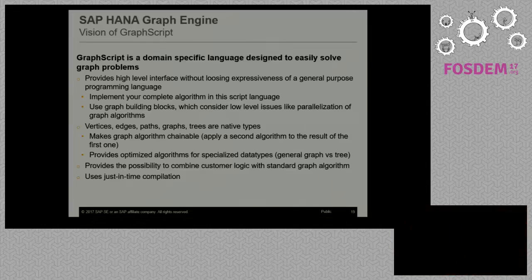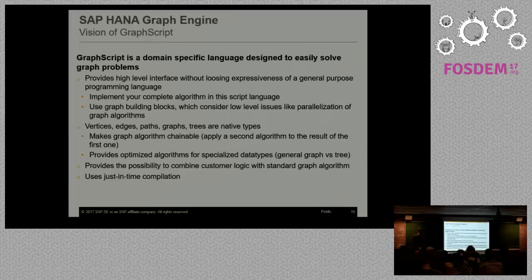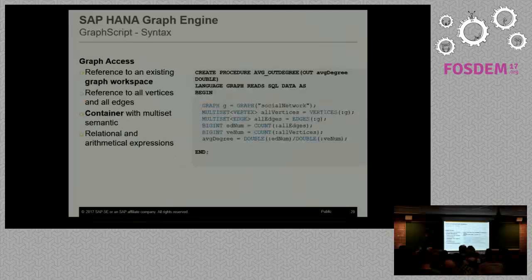We want to offer an abstraction, but we don't want to lose performance. I'll take questions after the talk. Okay, so here are a few examples of how the syntax would be.